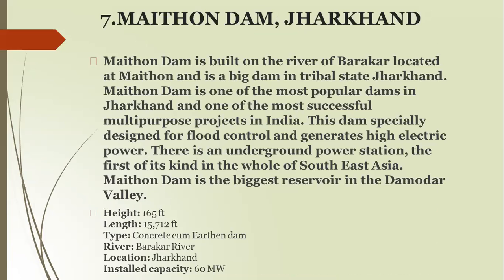Then one of the dams from Jharkhand, Maithon Dam, having height of 165 feet and length of 15712 feet. It is also a concrete earthen dam. It also has a very small capacity for the hydropower, that is 60 megawatt.